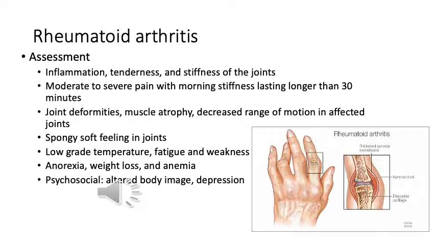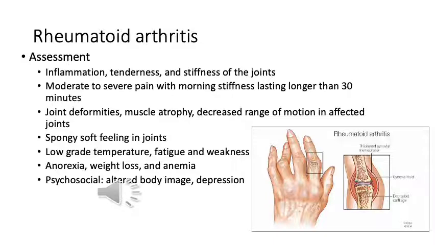Early signs and symptoms include joint inflammation, generalized weakness and fatigue, anorexia, and persistent low-grade fever. Joint pain of the upper extremity is most commonly reported first. Late signs and symptoms include very painful joints, stiffness, soft spongy joints, muscle atrophy, and decreased range of motion.